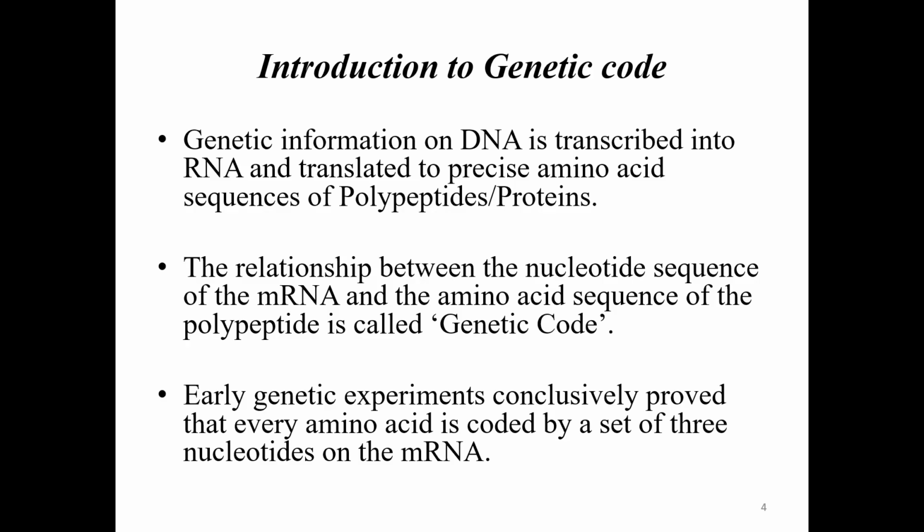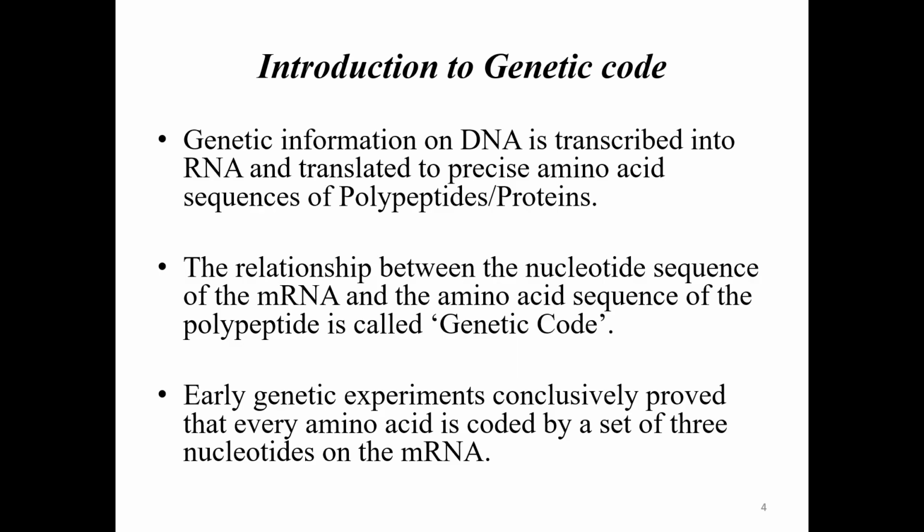See, all of you know very well, DNA is the genetic material. So, the genetic information on the DNA is transcribed into RNA, and then translated to precise amino acid sequence of polypeptides or proteins. Now, the relationship between the nucleotide sequence of the mRNA and the amino acid sequence of the polypeptide is called a genetic code.